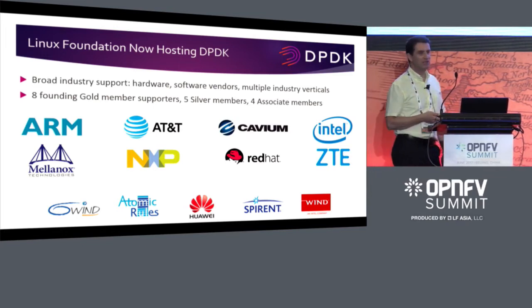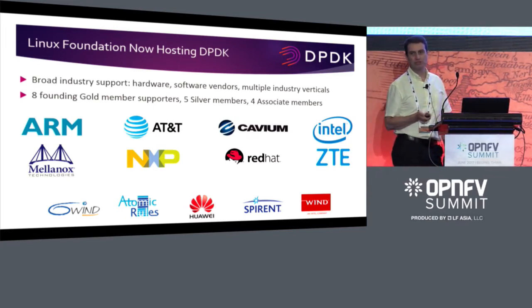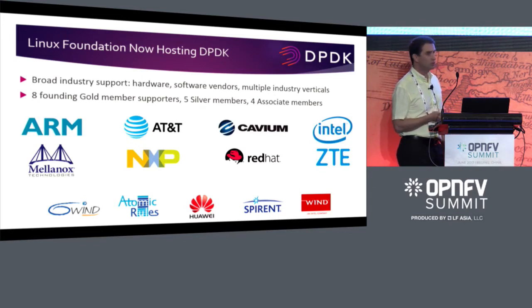The bottom 5 then are the silver members, so that's the lower membership tier. There's also an associate membership tier for academic institutions, nonprofit organizations. So there are 4 of those, I think. But the interesting thing is if you look at the spread, there are silicon vendors there, there are software vendors, there are service providers, there are telecom equipment manufacturers. It's very representative of the reach of the DPDK project.